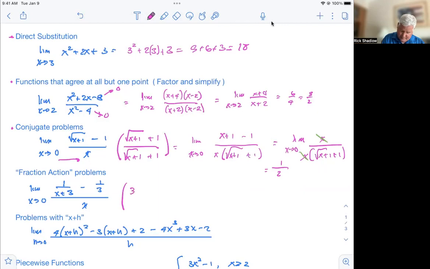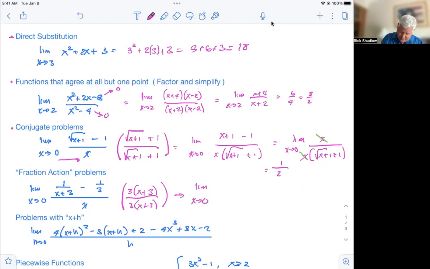I'd multiply by 3 times the quantity x plus 3 over itself, which is another name for 1. Let's do that first step anyway, so you can see how that would progress.